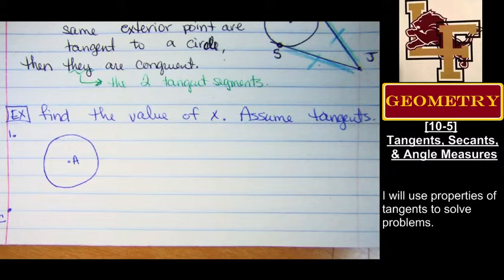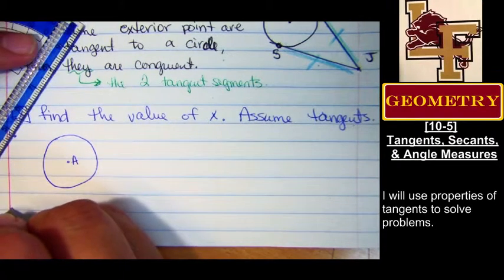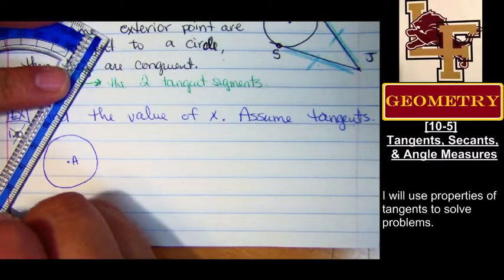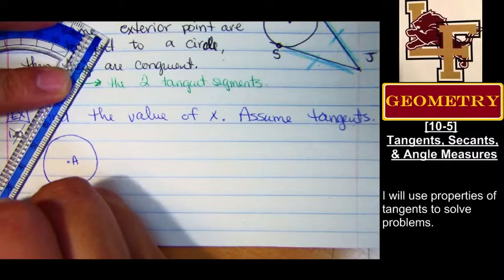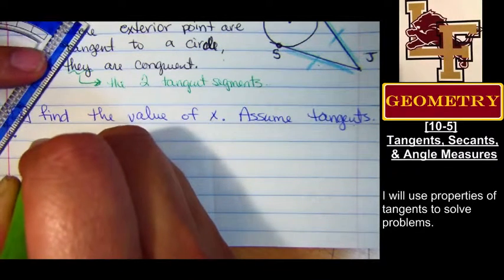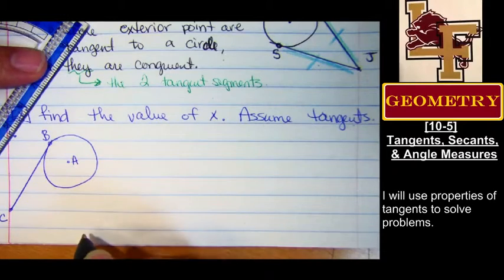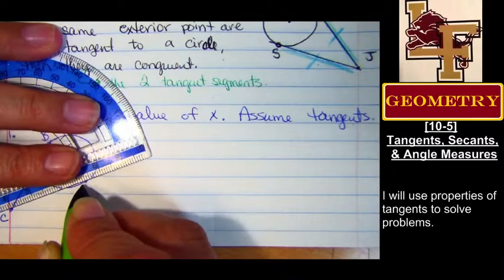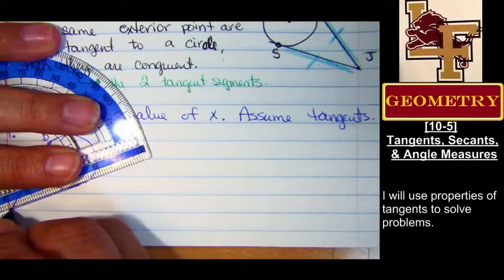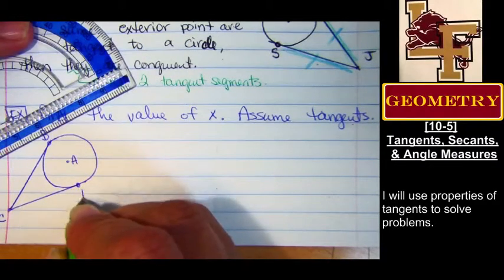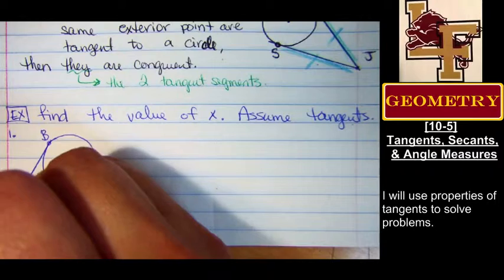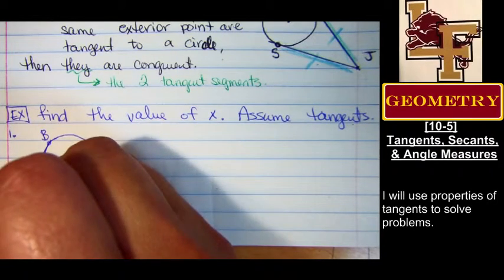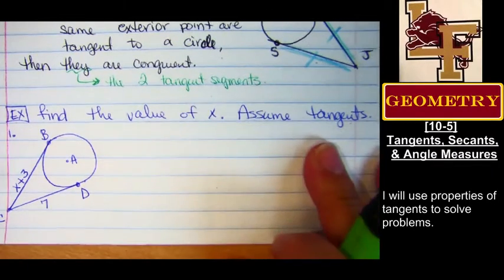So start at C, go toward the circle, and make sure they're tangent, only touching the circle in one spot. We're going to label this segment x plus 3 and this segment 7.